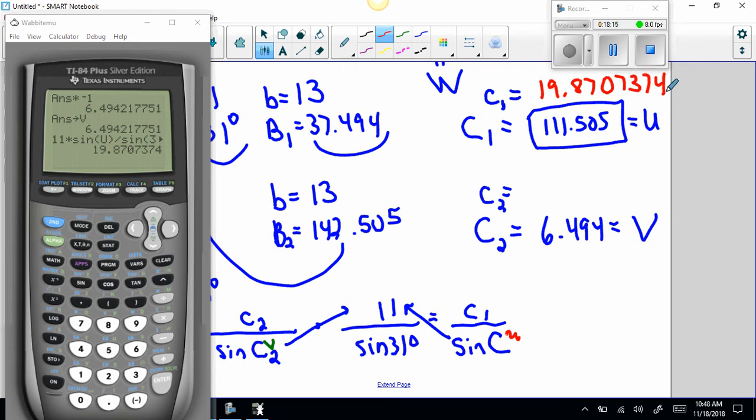And then re-execute, replacing the sine U with the sine V.